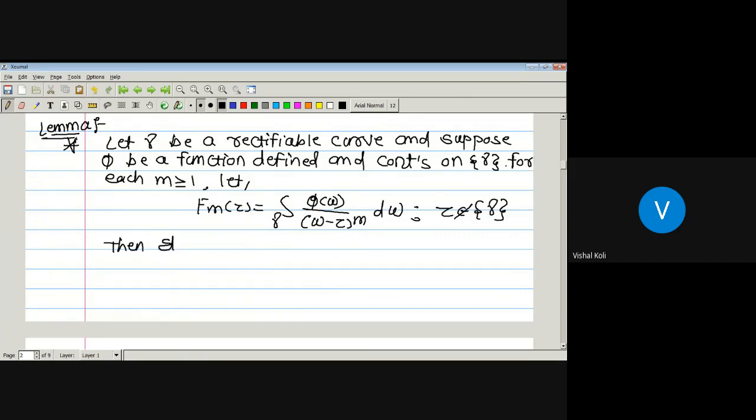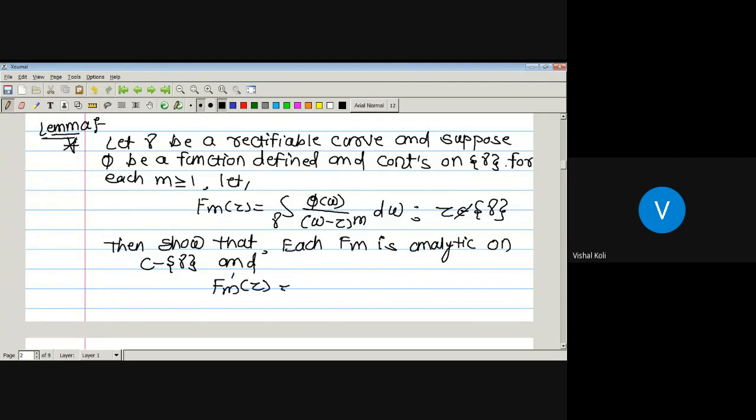Then show that each fm is analytic on C minus the trace of gamma, and fm dash of z is nothing but m into fm plus 1 of z.